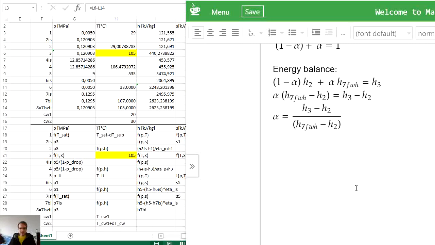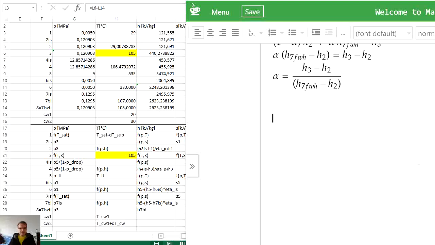So now the turbine consists of two parts.